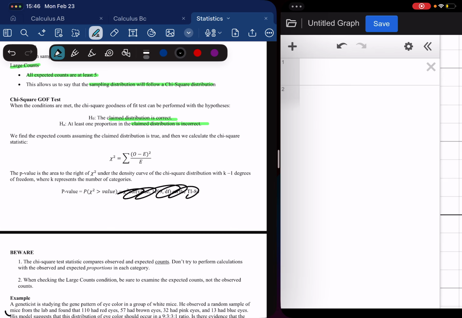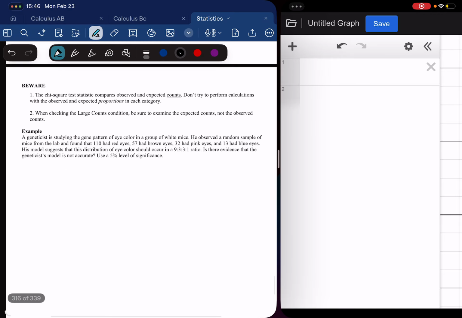And my expected is the total trials of mice. So if I add all of these numbers together, I get a total of 212. So it's that 212 times the proportion of each of the colors.